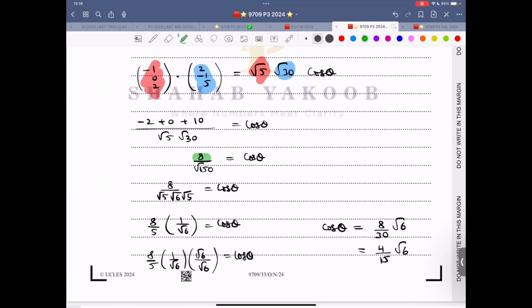So now there are two ways of rationalization. Let me also show you this one. 8 over root 150, multiply and divide with root 150. So this is 8 over 150 into root 150. And then you can break 150 as 25 into 5, and naturally it would simplify to this.